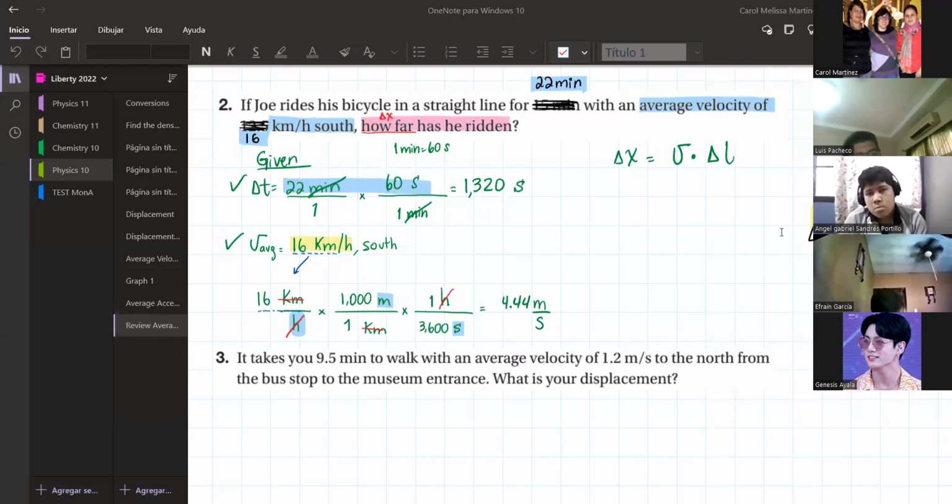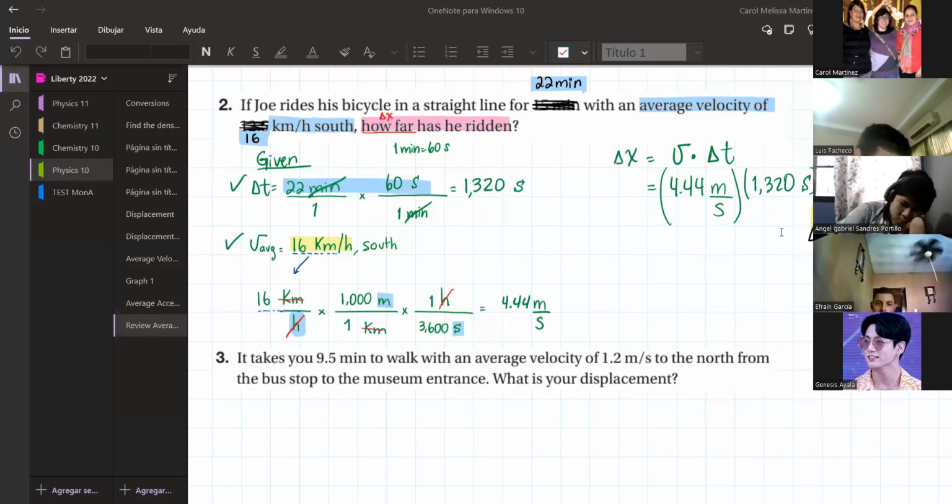delta t. Velocity, you're going to use the value already converted, that is 4.44 meters per second. And you will multiply times the time. The time already converted is 1,320 seconds.